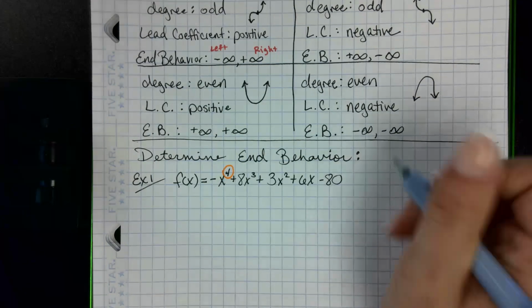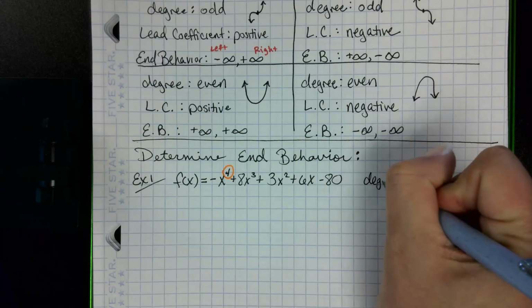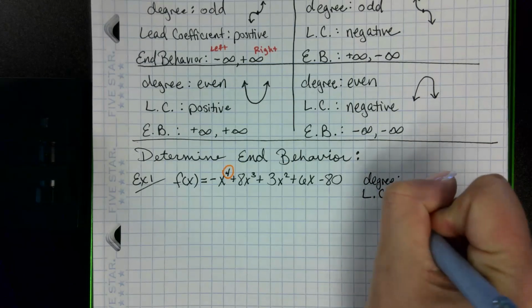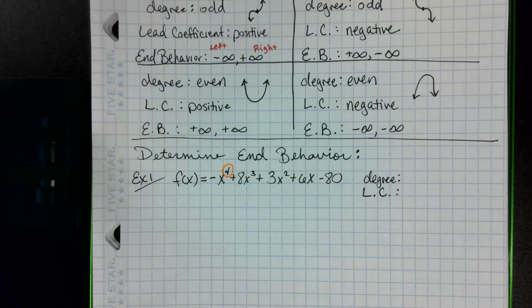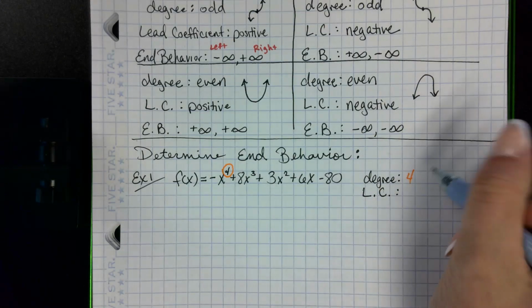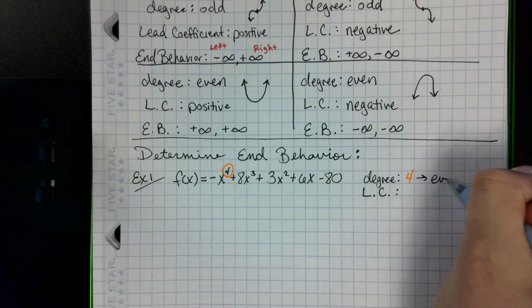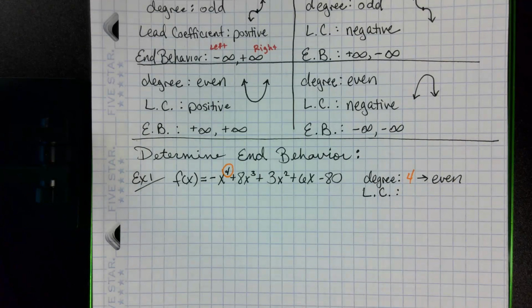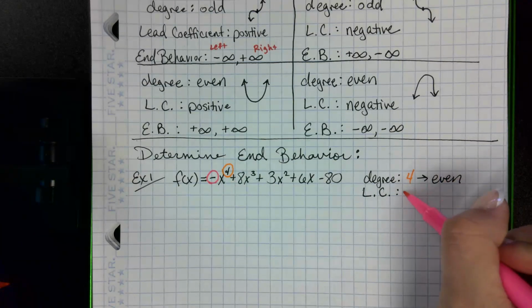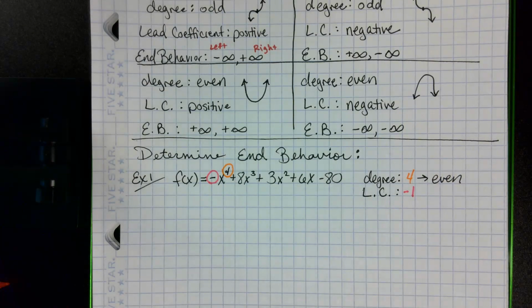So over to the side, I'm going to say degree. And I need to figure out the lead coefficient. So the highest degree is degree 4. 4 is even. And now I need to figure out is it positive or negative. So I look at the lead coefficient. It's a -1.